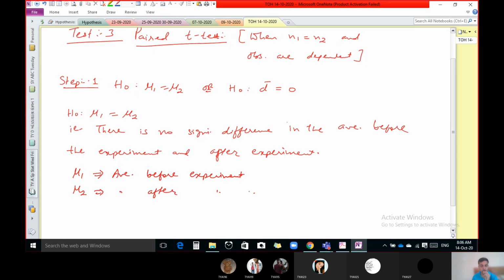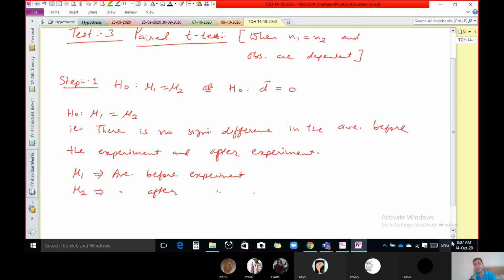Now the question is, what do you mean by experiment in this particular situation? So experiment you can consider like my teaching. Suppose I want to check whether my teaching is really efficient or not.